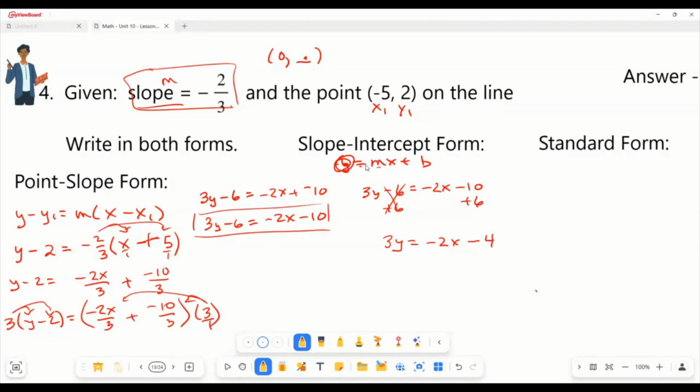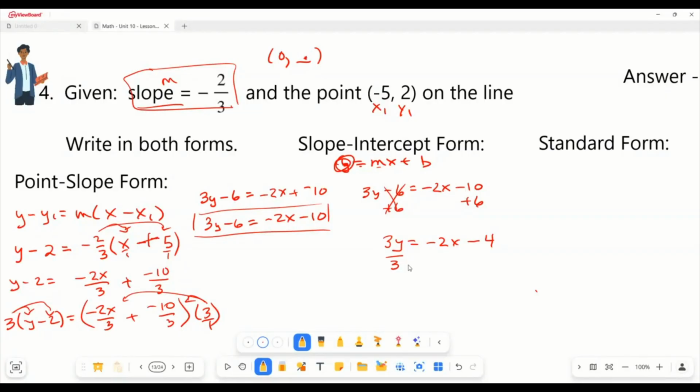We need y equals. Nothing else. That 3 got to go. The 3 is being multiplied. When a number is written next to a variable, it means multiplication. The only way to undo that is to do the opposite, which is to divide by 3.